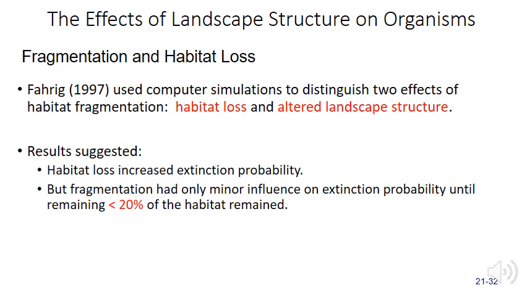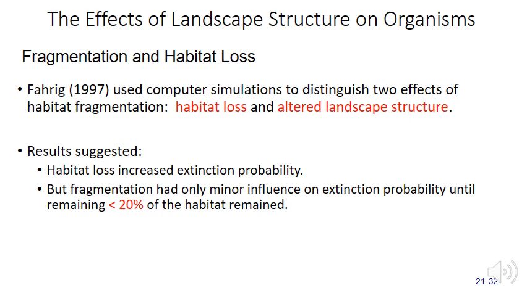Her results suggested that the loss of habitat increased extinction possibility quite greatly, but that fragmentation itself, the alteration of landscape structure, had only a minor influence on extinction probability of species. That was until you get to a point where less than 20% of the habitat is remaining.